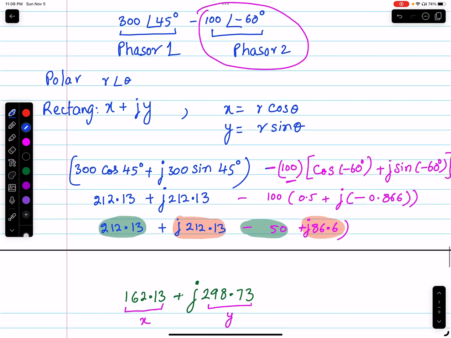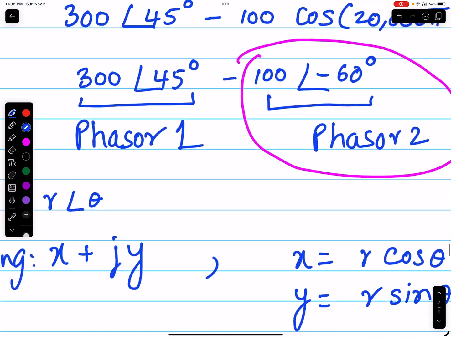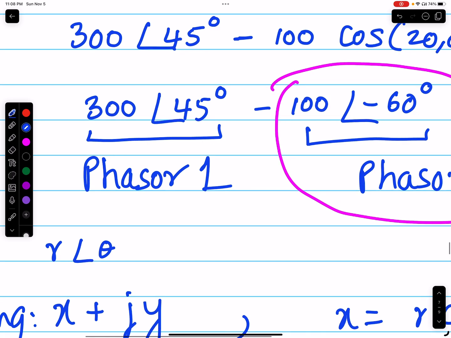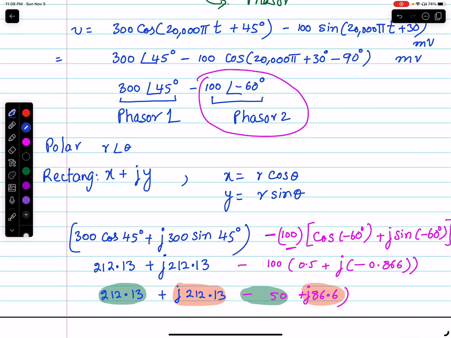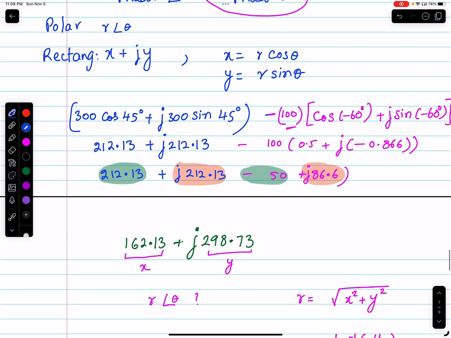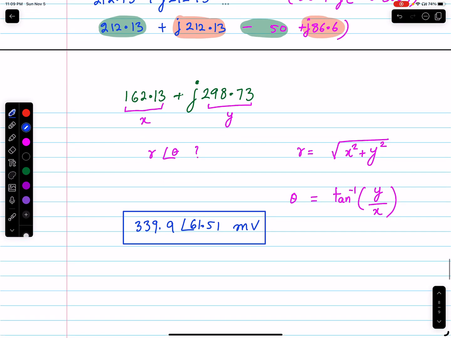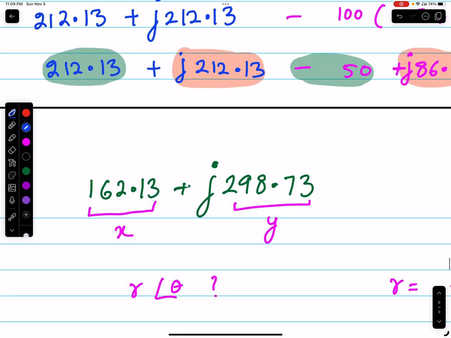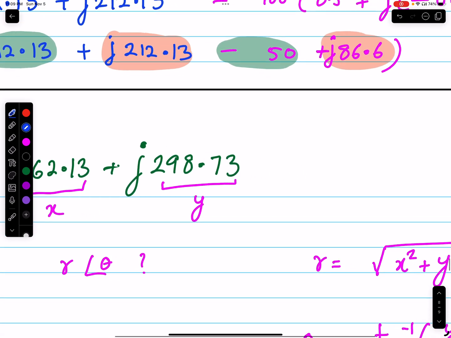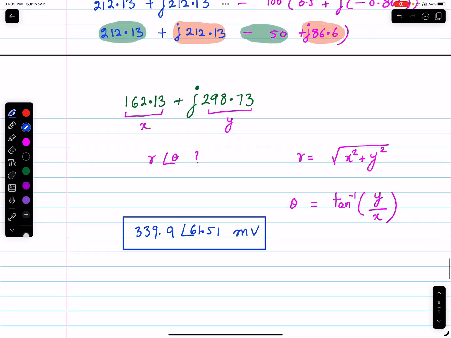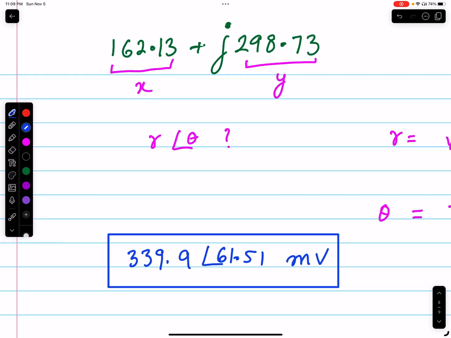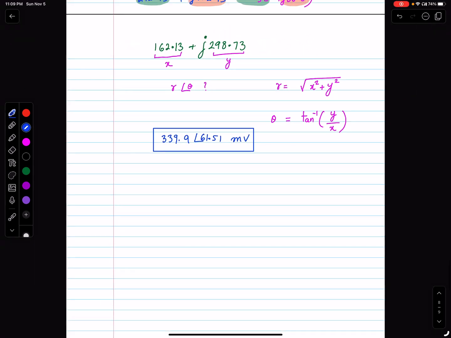Once we have the phasor values, 300 angle 45 and negative 100 angle negative 60, the next step was to convert them into rectangular form because we are interested in a subtraction operation. In rectangular form, it's just a matter of adding the real parts and the imaginary parts. That gives us the result in rectangular form, then convert it into polar form. That's the answer that we are after.